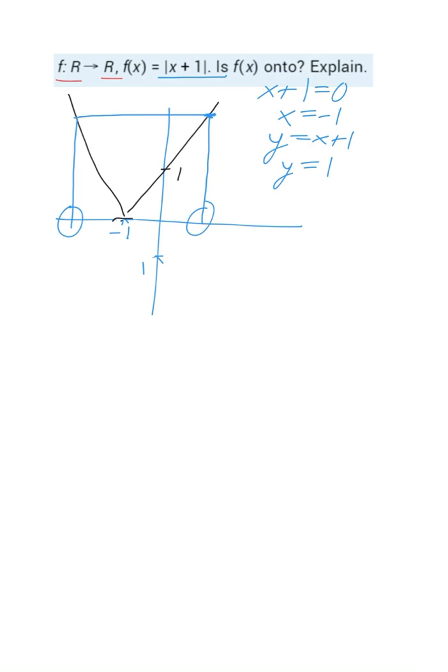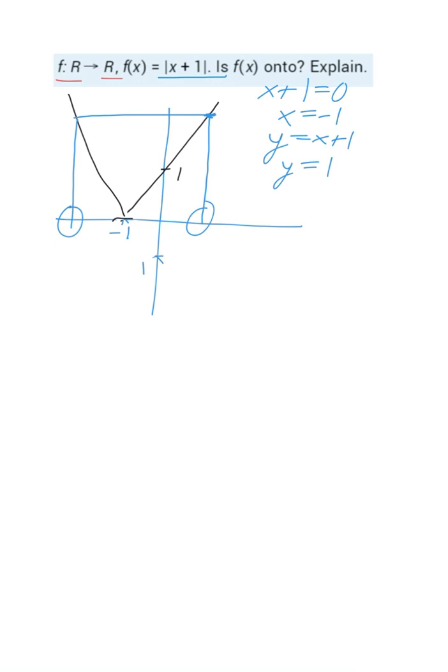So you can see two inputs there will have the same output. So because of that, this is not an injective function. It's not onto. Remember, to be onto, every output has a unique input. But you can see in this one, I have two inputs have the same output.